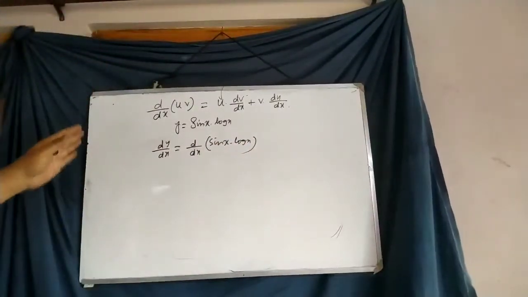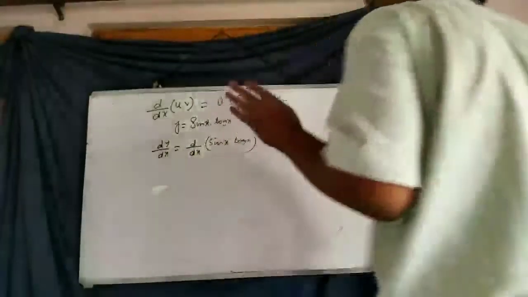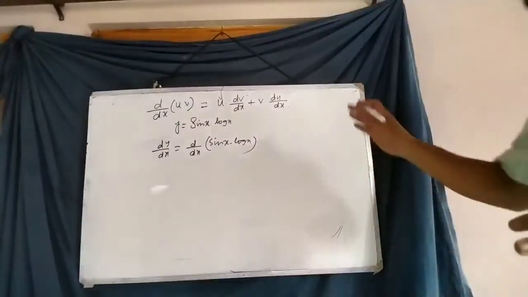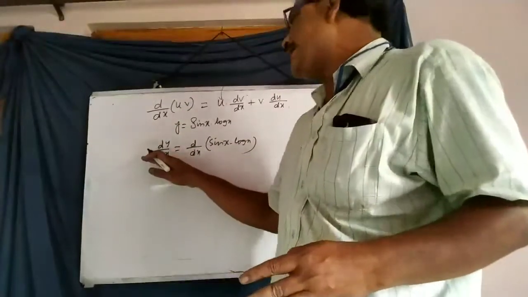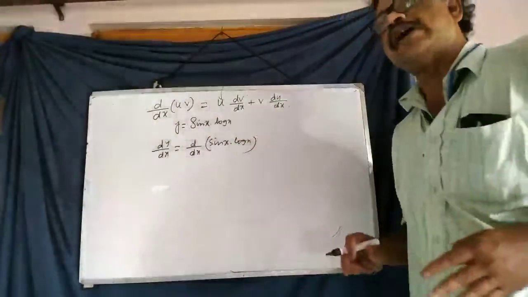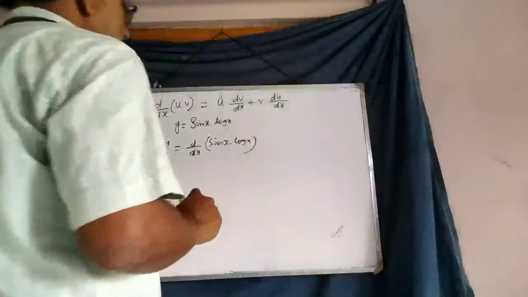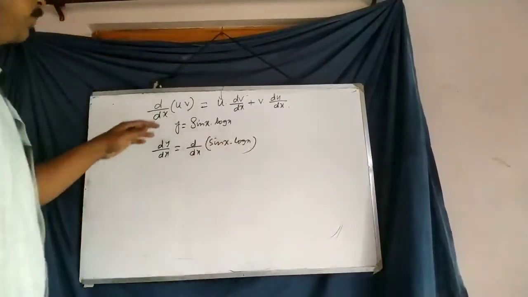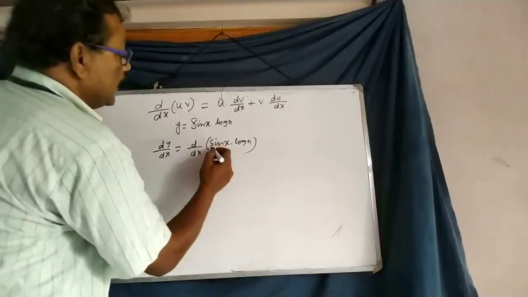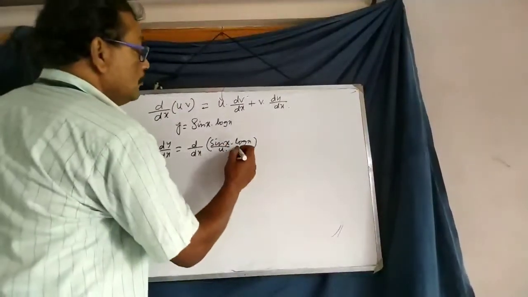Here we are differentiating both sides of the given function with respect to x, for which we get dy/dx at left side and d/dx of sin x into log x at right side. Now we have to differentiate this function. Therefore, if you compare this function with uv, then sin x will play the role of u and log x will play the role of v.